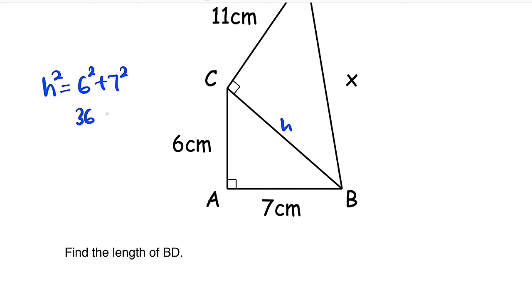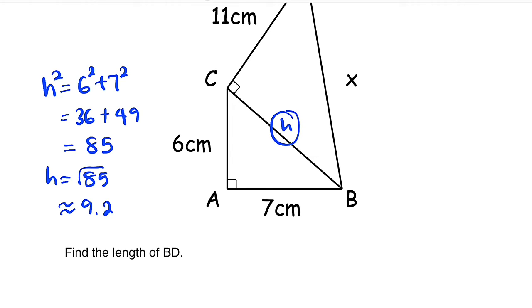This is 36. This is 49. And this is 85, right? So H will be square root of 85, which is approximately 9.2. So it means that the H here is 9.2.